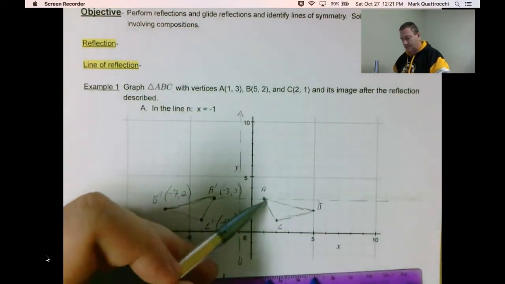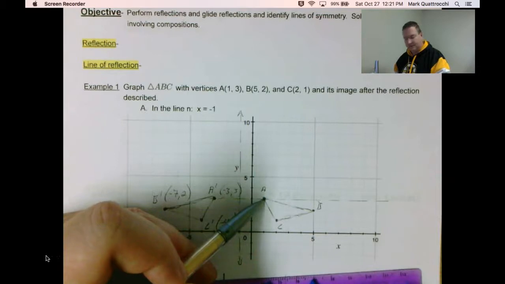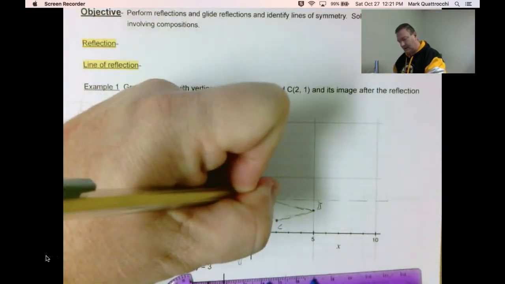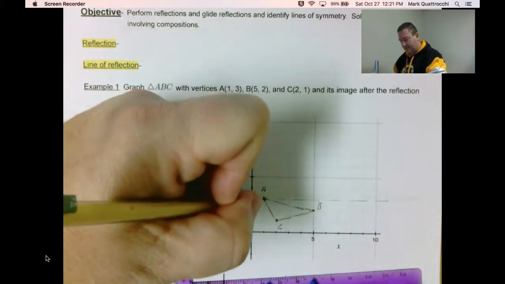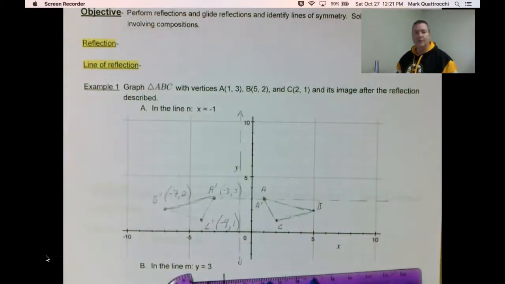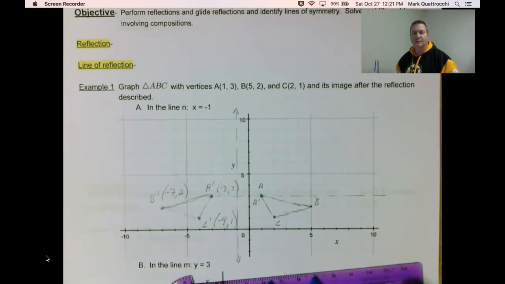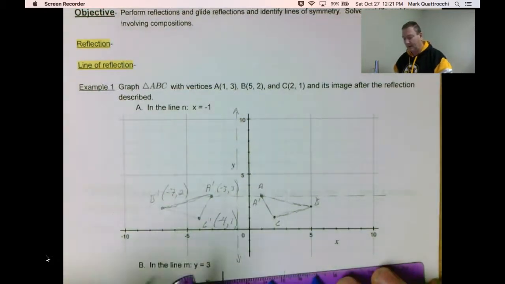And A doesn't move. A prime is the exact same point because it's on the line of reflection. The point on the line of reflection stays on the line of reflection. It's like putting your finger on the mirror. If you put your finger on the mirror, your finger's touching your finger on the mirror. So that's what A and A prime are doing.